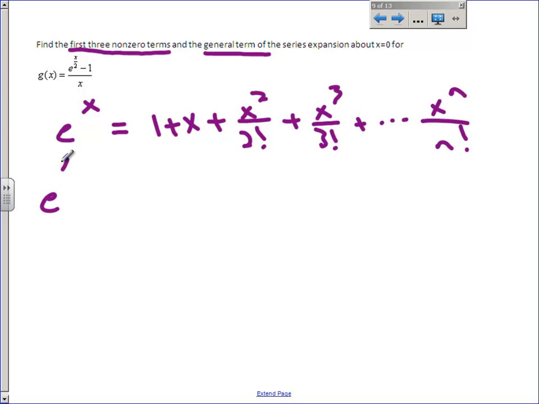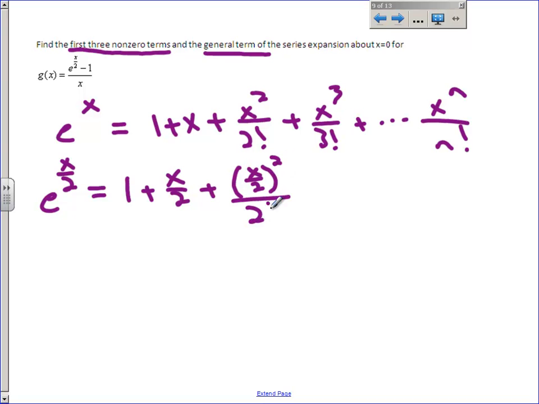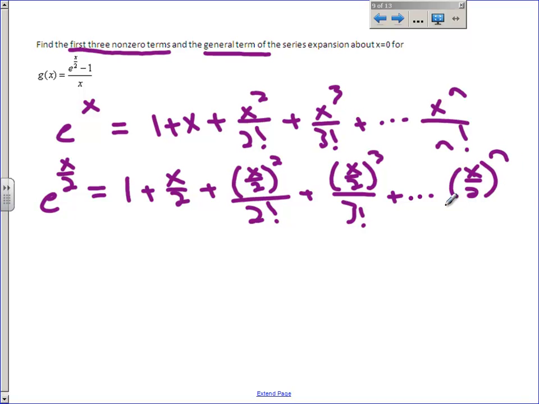So e to the x over 2 would be, replace all these x's with x over 2. So that's 1 plus x over 2 plus, I'm going to put this in parentheses for now, x over 2 squared over 2 factorial plus x over 2 cubed over 3 factorial plus dot dot dot, and then x over 2 to the n over n factorial.